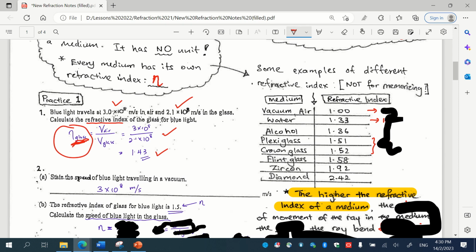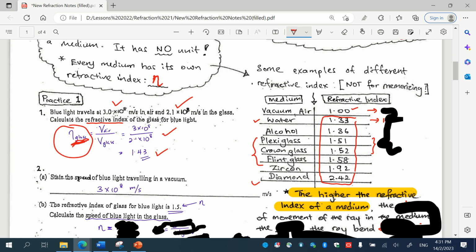So remember, the refractive index of a denser medium such as water, glass, or diamond is greater than 1. 1.00 is for air. Anything greater than 1.00 is a denser medium than air, so-called the denser one, because its density is higher than air.